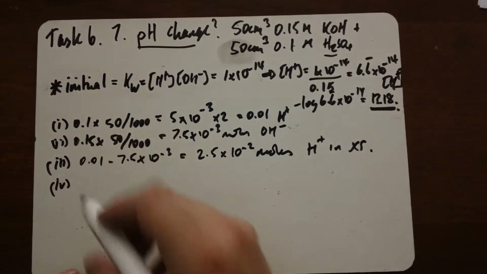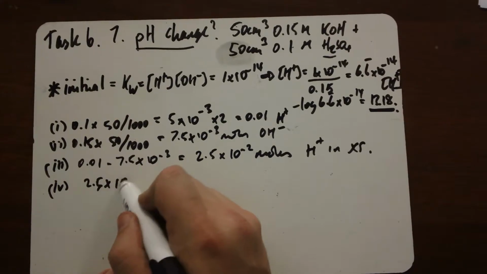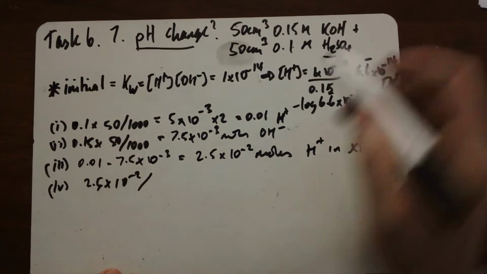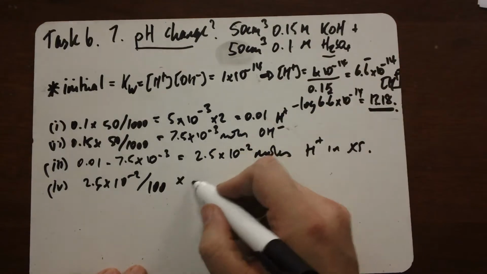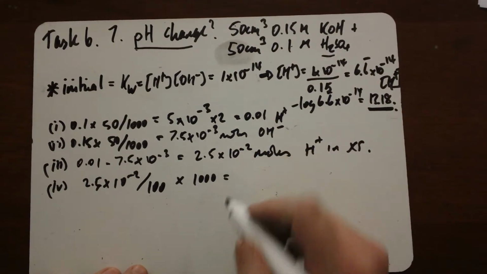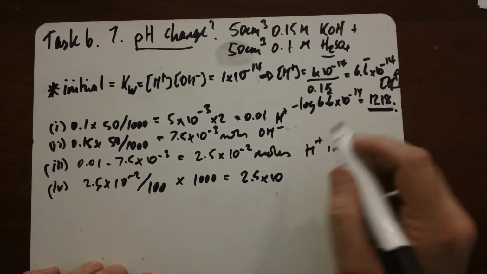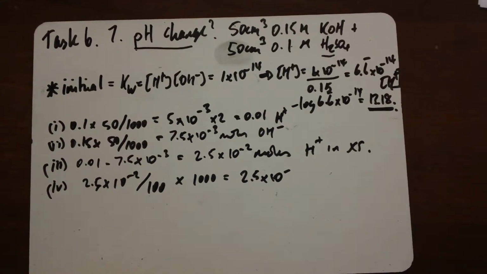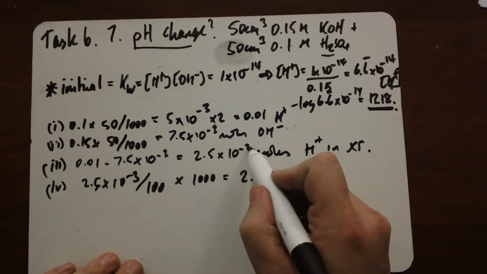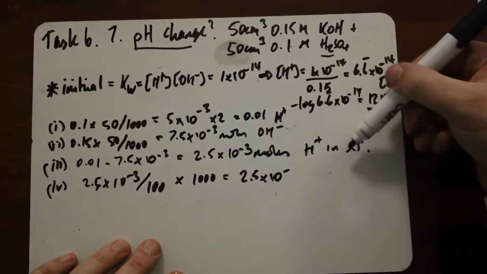Next step, work out the concentration of H plus. 2.5 times 10 to the minus 3 moles of H plus in excess in a 100 centimetre cubed solution.